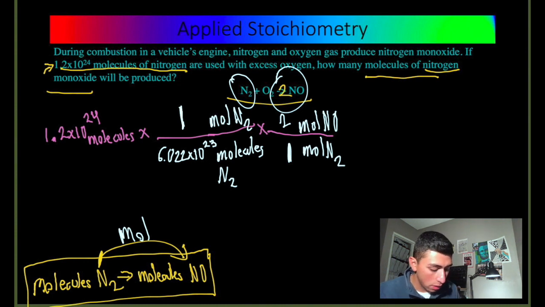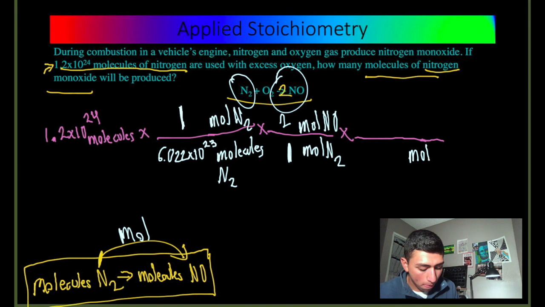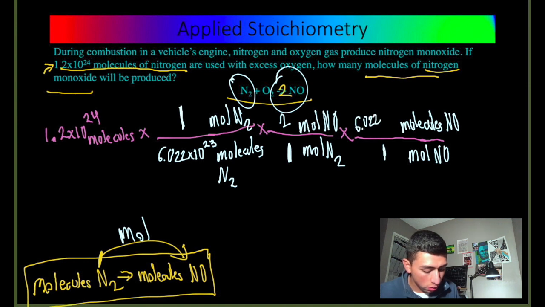Now we can continue and do an easy conversion from moles of nitrogen monoxide to molecules of nitrogen monoxide. And once again, it's going to be the same thing. For every 6.022 times 10 to the power of 23 molecules of nitrogen monoxide, you essentially have 1 mole of nitrogen monoxide.